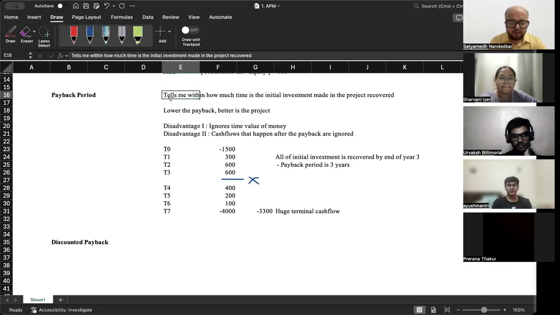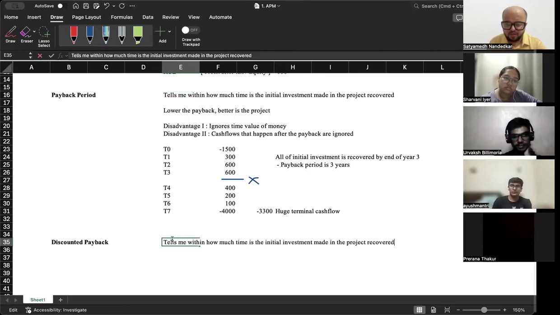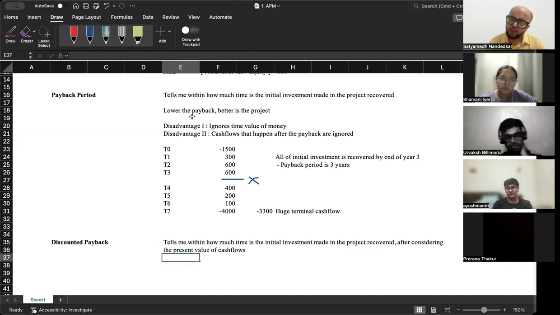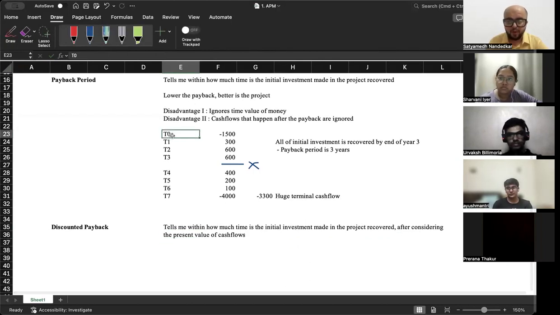So, discounted payback tells me within how much time initial investment made in the project is recovered after considering the present value of cash flows. Again, lower the payback period, better or more acceptable is the project.